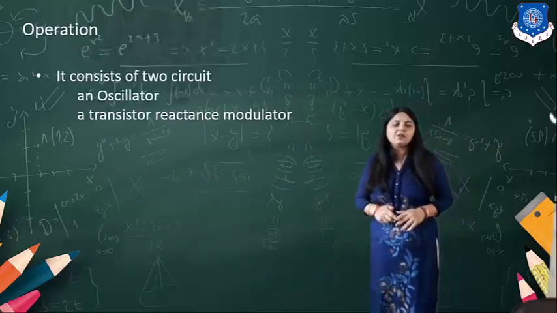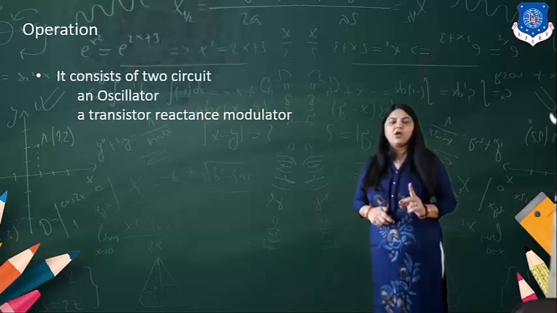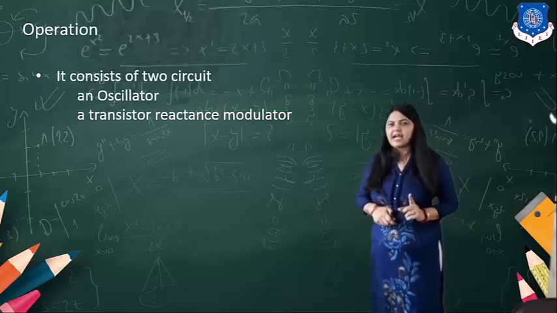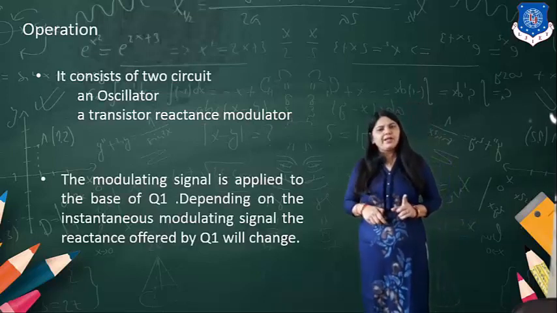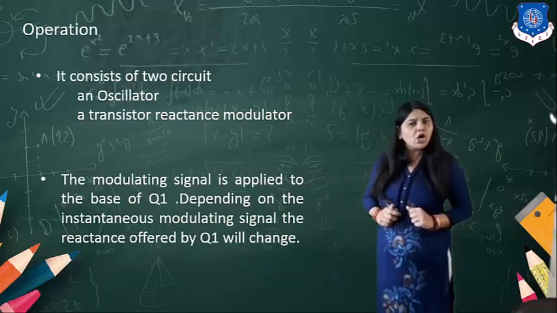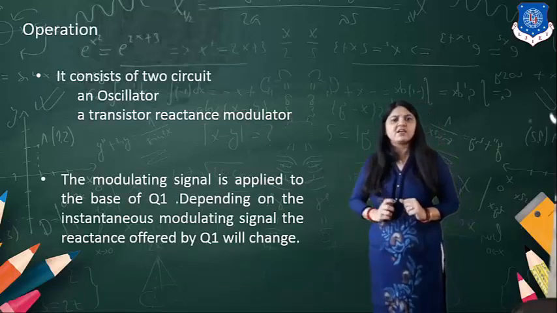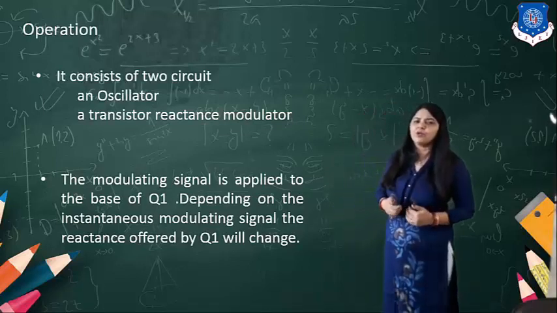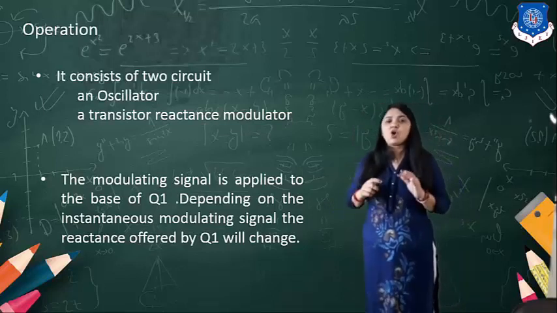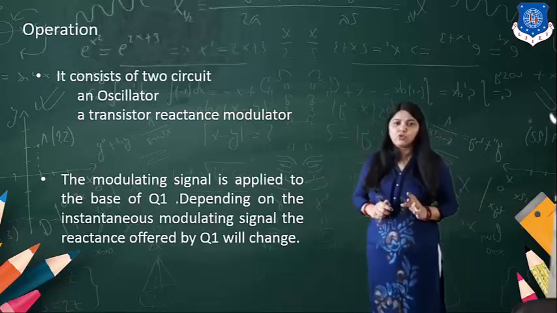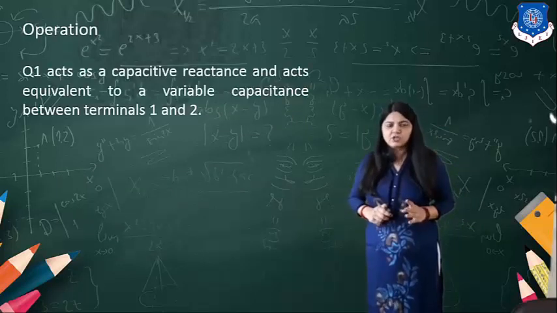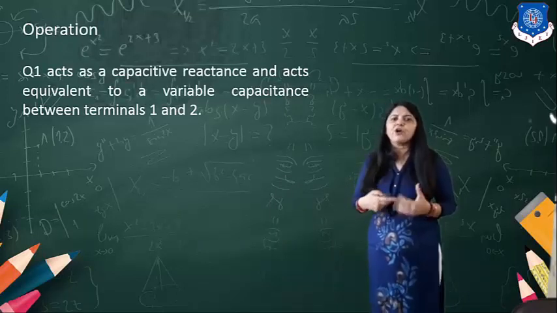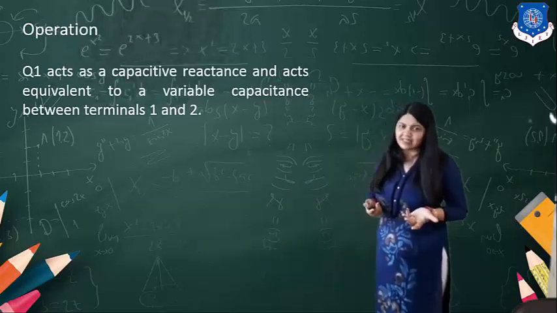What is the operation? It consists of two circuits. One is the oscillator and the other is the transistor reactance modulator. The modulating signal is applied onto the base of the transistor Q1, and according to the amplitude of the modulating signal, the reactance offered by the transistor Q1 will change. By changing the modulating signal, the reactive component of the transistor changes.